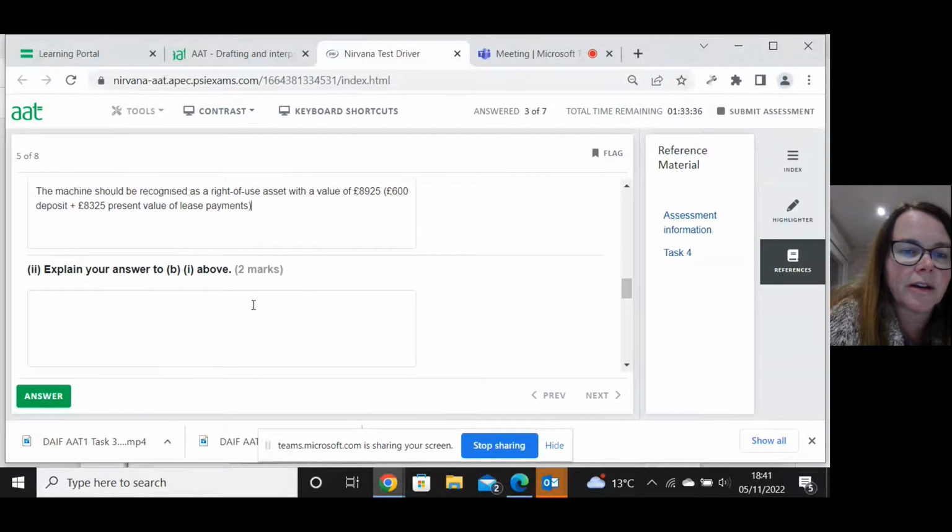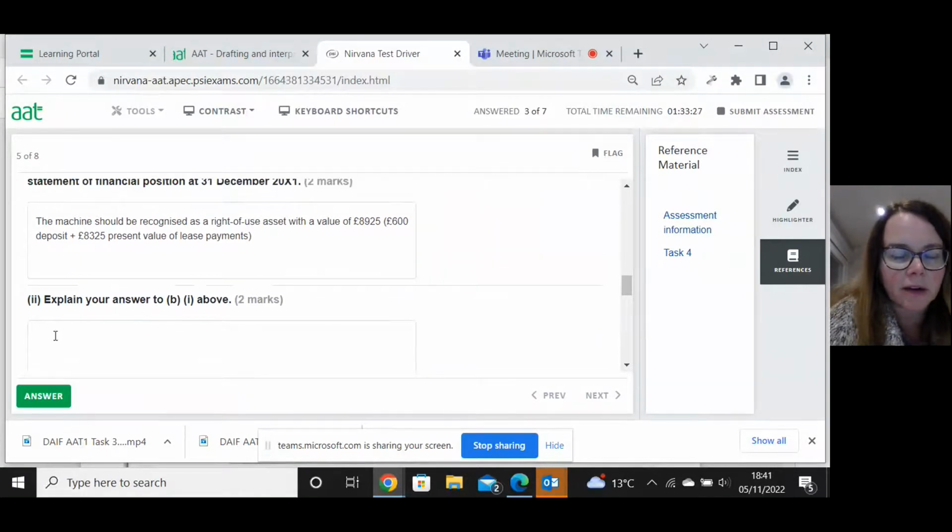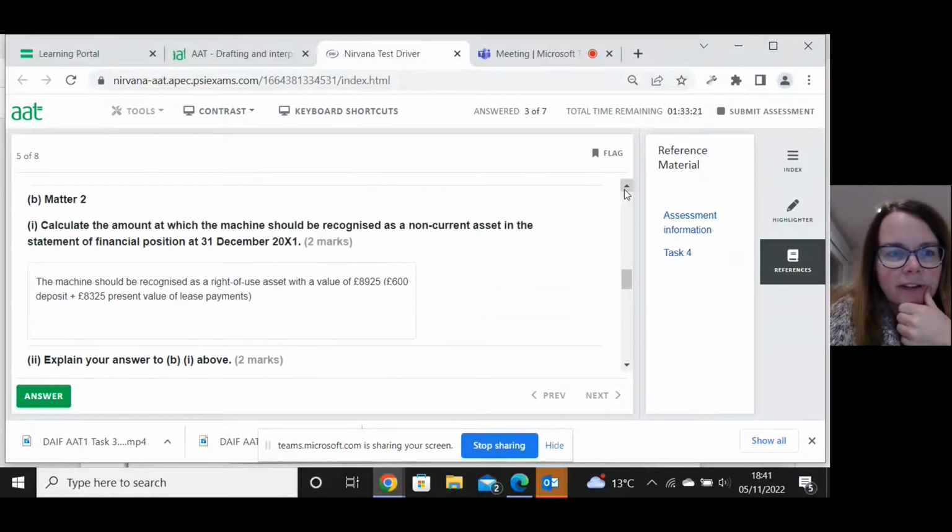Explain your answer above. I've kind of explained it there, haven't I? So I'm going to say, oh, hang on a minute, have I fully answered that? Let's just think. Calculate the amount at which the machine should be recognised as a non-current asset. Right, okay, so I'm just going to backtrack slightly.